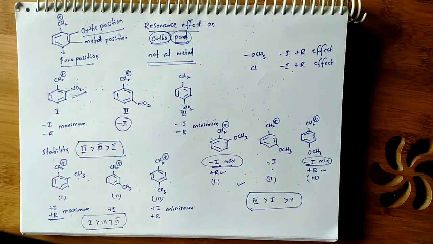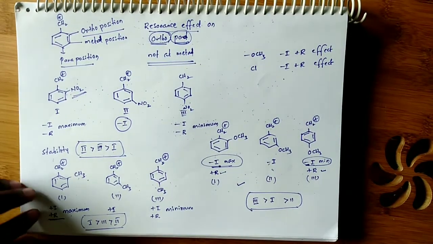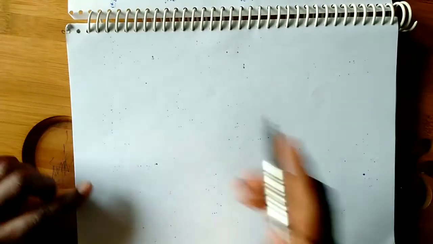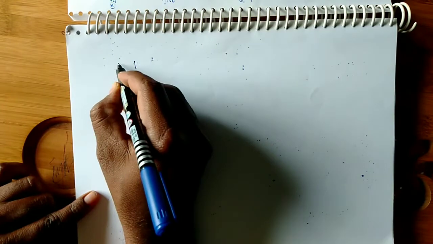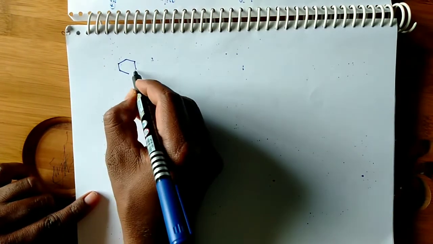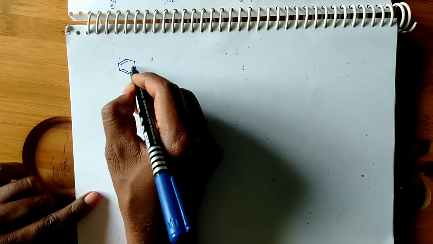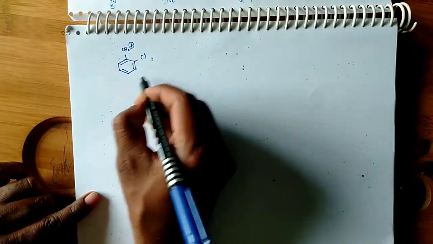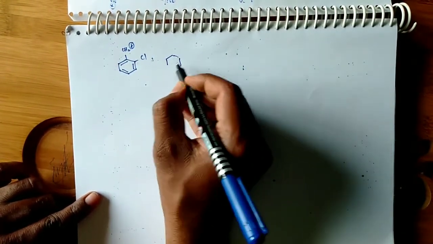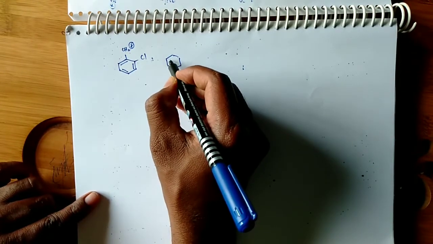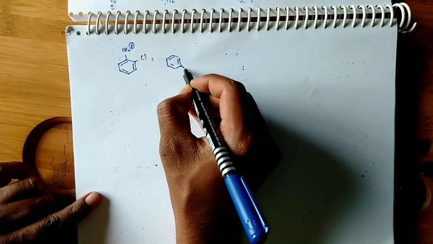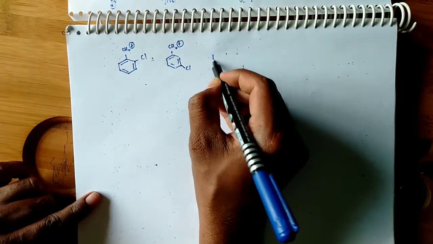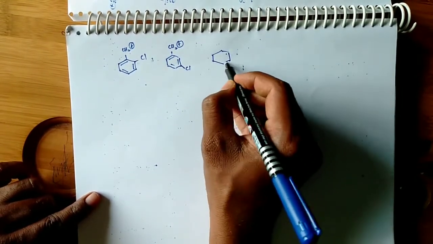Is it clear? Okay, so if chlorine is present on the benzyl carbocation, chlorine is actually a minus I plus R group, right? So on the benzyl carbocation, consider chlorine at the ortho position, chlorine at the meta position, and chlorine at the para position.